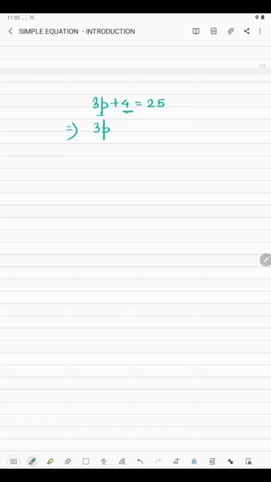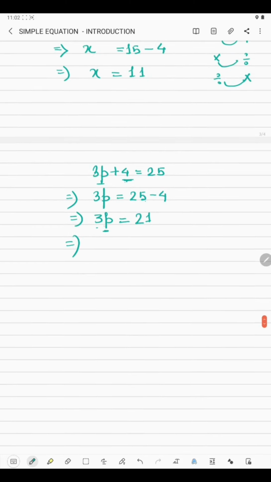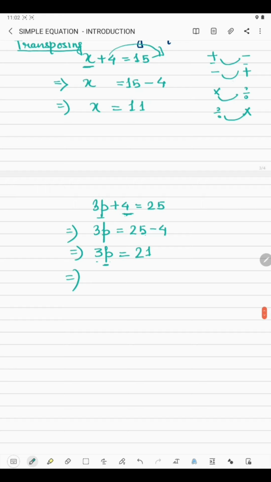So 3p will remain the same, and on the right hand side we have 25, so it will remain the same. Now 4 will be transposed to the other side, so it will be minus 4. Now 3p is equal to 25 minus 4, which is 21. Now we will have to find the value of p here. 3p means 3 is multiplied by p. So see here, multiply will become divide.